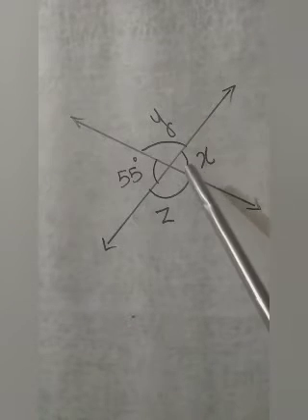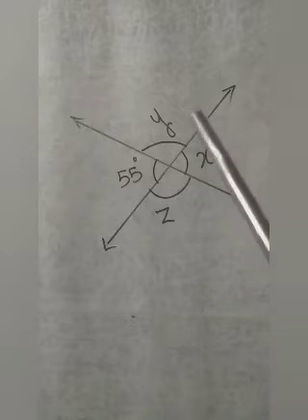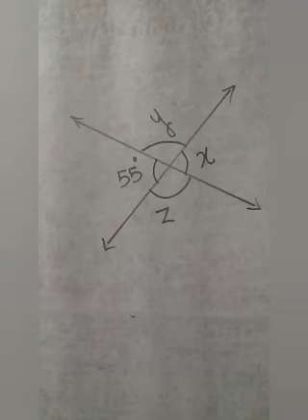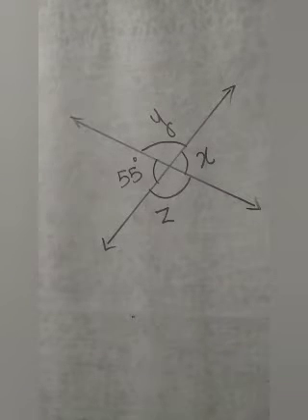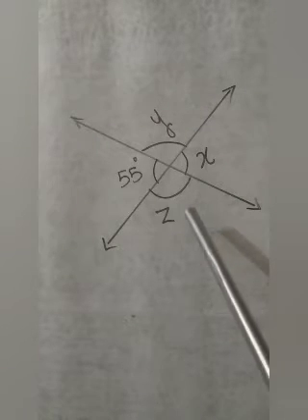What are the other three angles? x, y and z. So how will we find the value of x, y and z? Here we can apply the concept of vertically opposite angles and linear pair. Using that, we can find the value of x, y and z.